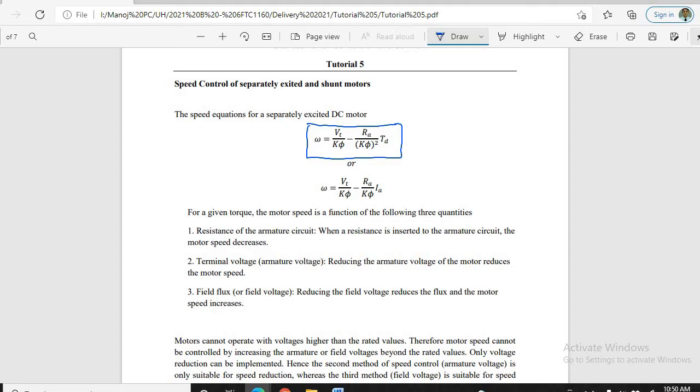Then omega we can also write using the armature current like this. So these are two important equations.